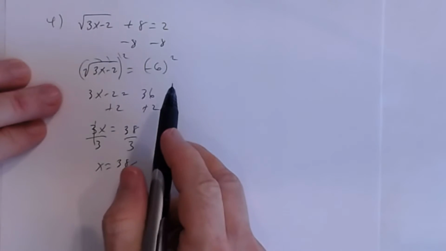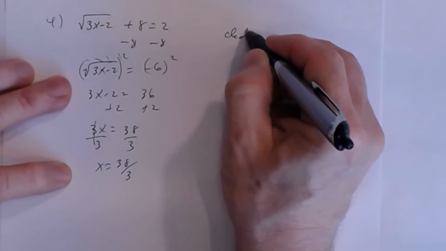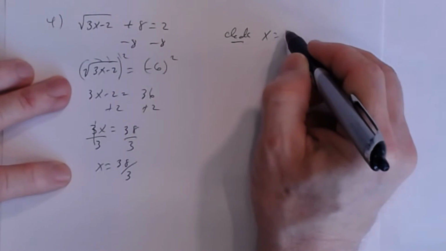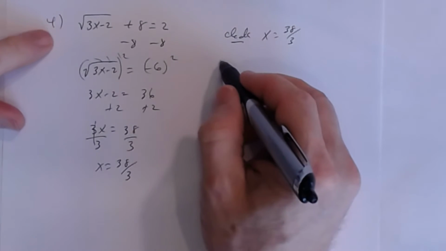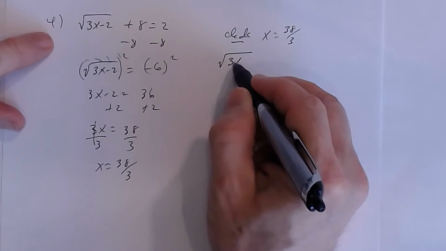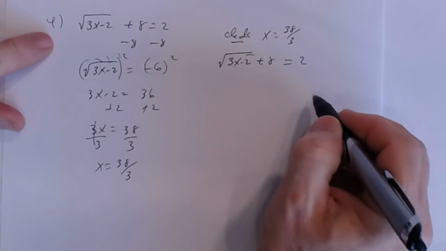But remember, since I raised both sides to an even power, you need a check. So we must go and check. You check x equals 38 divided by 3 in the original problem. The original problem is the square root of 3x minus 2 plus 8, and let's see if that equals 2.